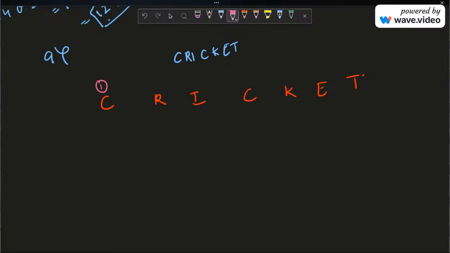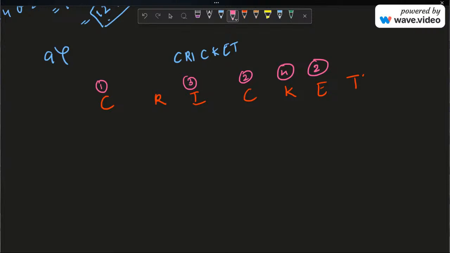So C is first, E is second, I is third, K is fourth. This is also second. Now R and T are remaining.